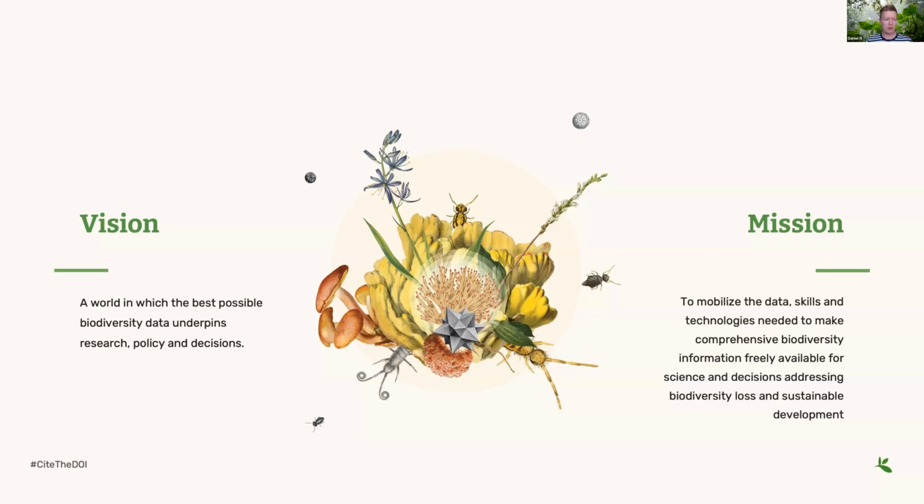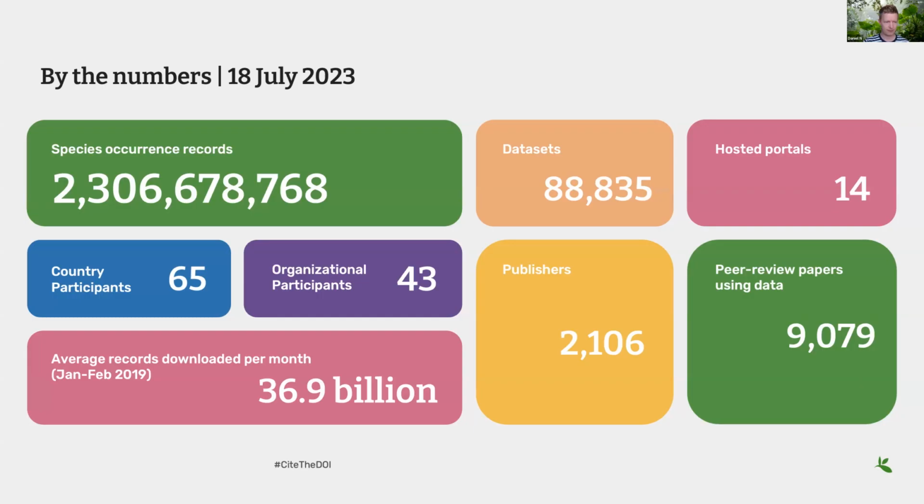And our vision is a world in which the best possible biodiversity data underpins research, policy, and decisions. And our mission is to mobilize the data, skills, and technologies needed to make comprehensive biodiversity information freely available for science and decisions addressing biodiversity loss and sustainable development.